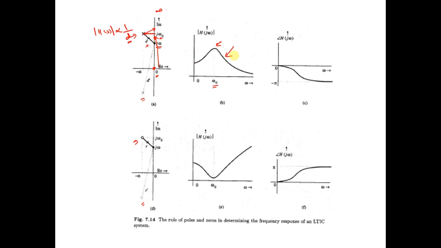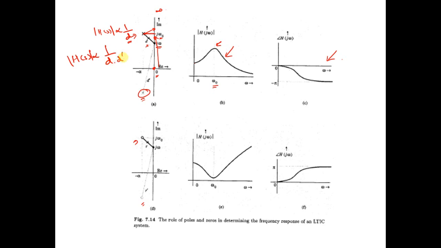Similarly, if you try to plot the phase response, you will find that you are getting this kind of phase. Now what happens to this conjugate pole? The modulus of 1 by S will be given by D multiplied by D dash, for example.